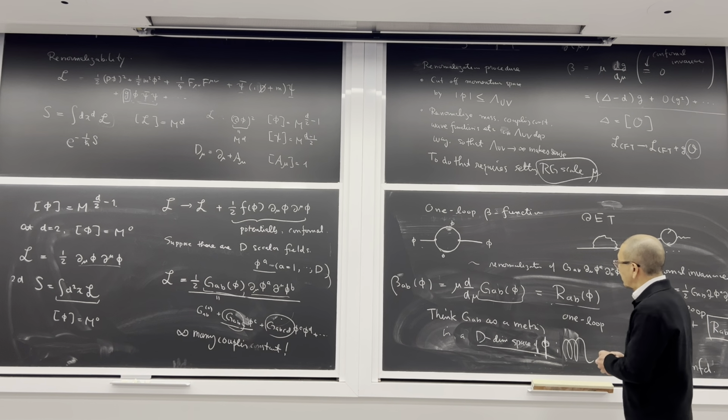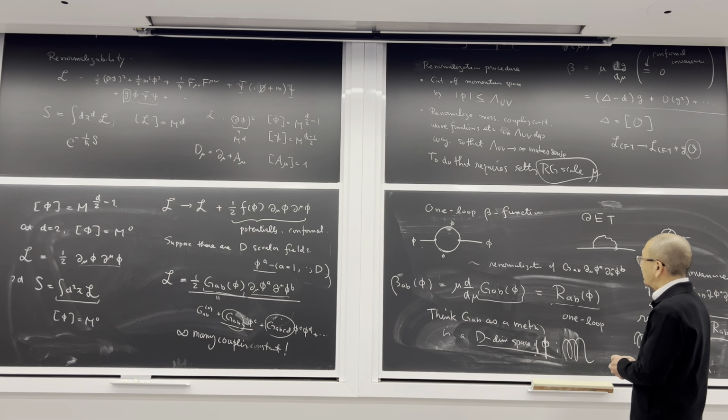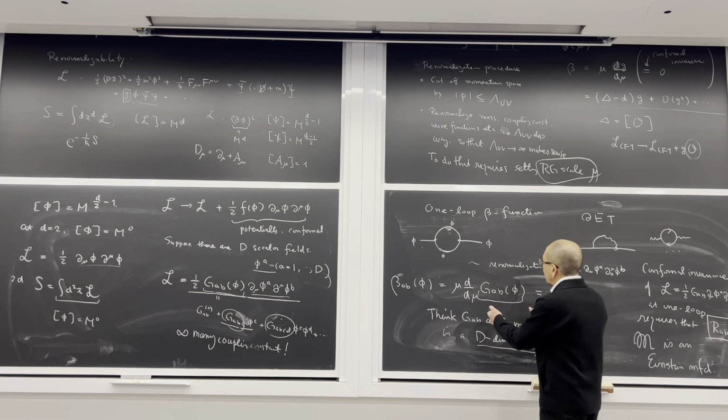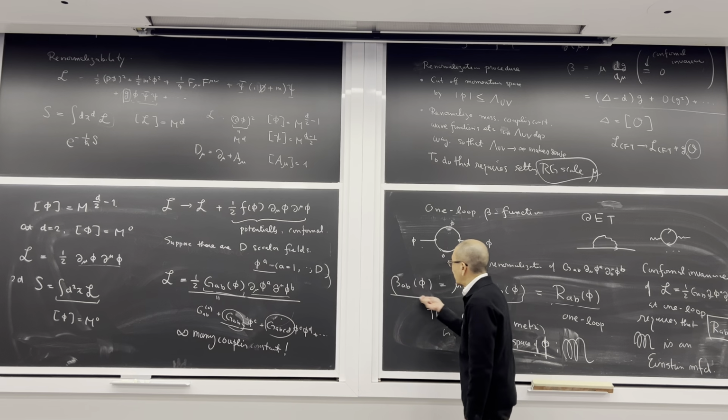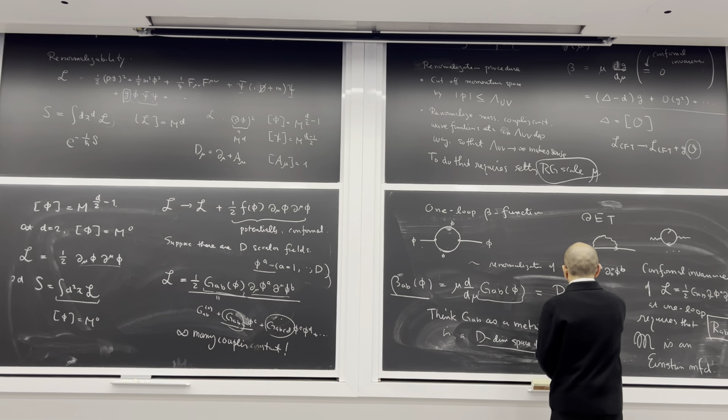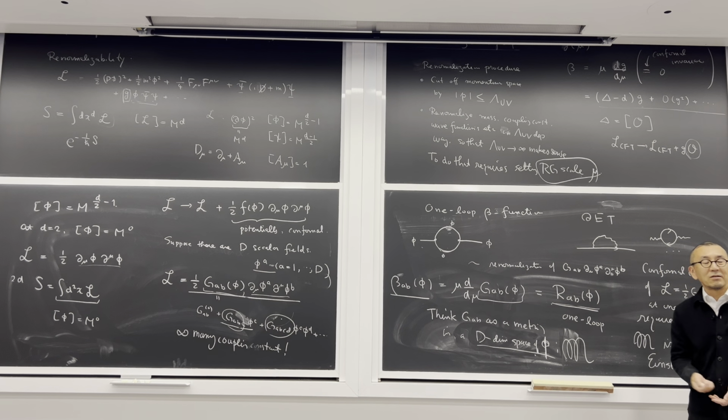And this is something you can relatively easily calculate: if you calculate the beta function at one loop of this theory, you find the Riemann curvature, Ricci curvature, and therefore conformal invariance requires the vacuum Einstein equation.